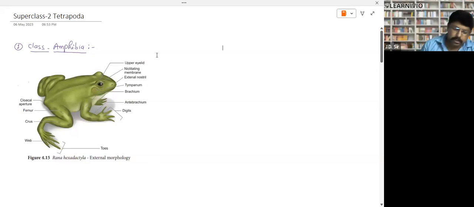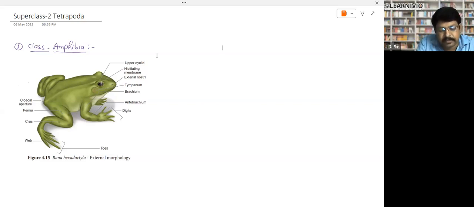Frog is the representative organism of amphibians, right? They are found both in water and on land. They can survive on land, but they cannot reproduce outside of the water. Why? Because the fertilization is external.